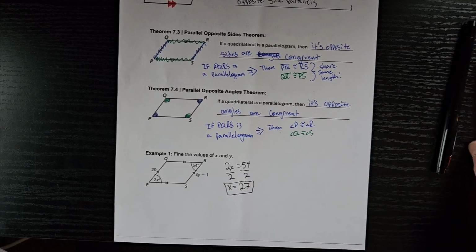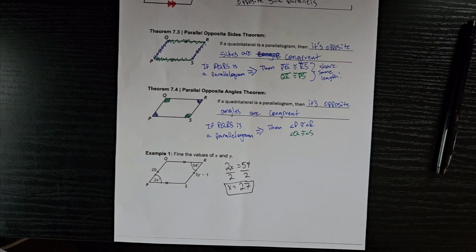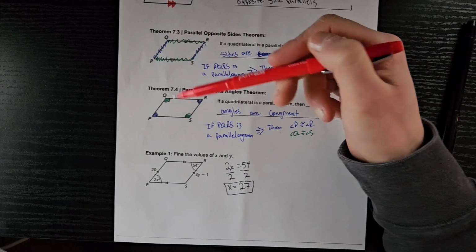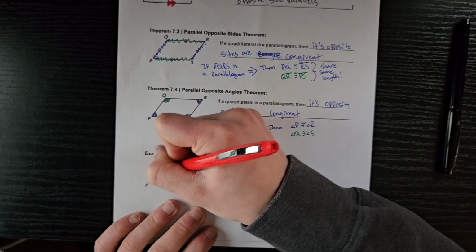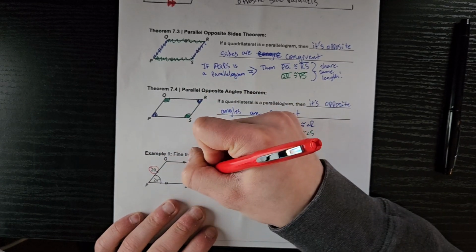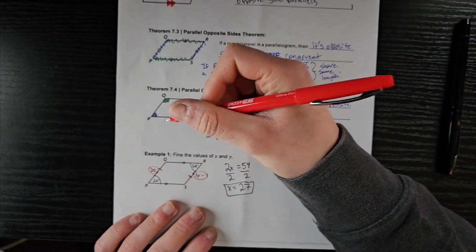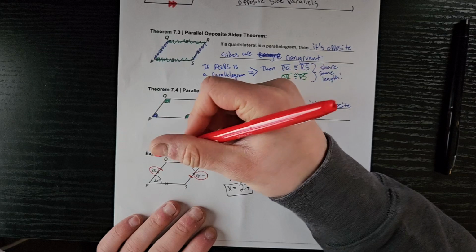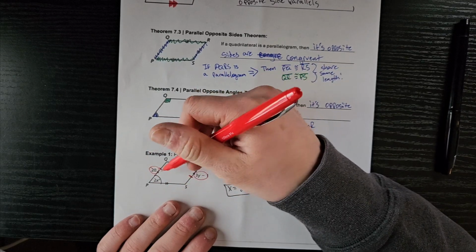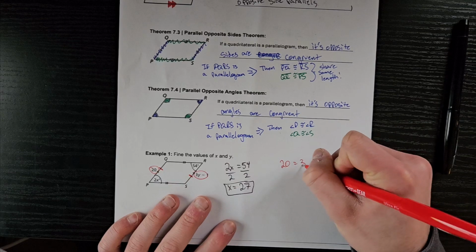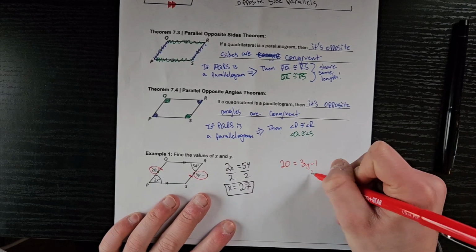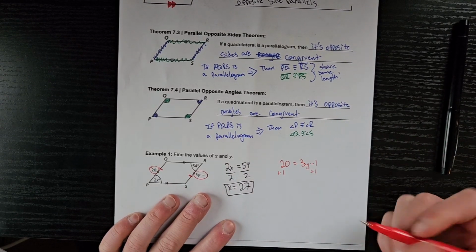Cool. And likewise, using theorem 7.3, I know that these two sides, SR and PQ, are congruent to each other. So I can set 20 equal to 3y minus 1, and work on getting y all by itself.